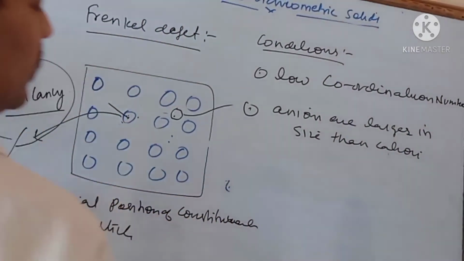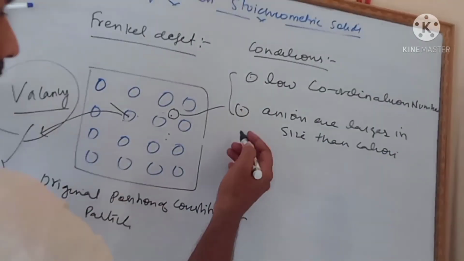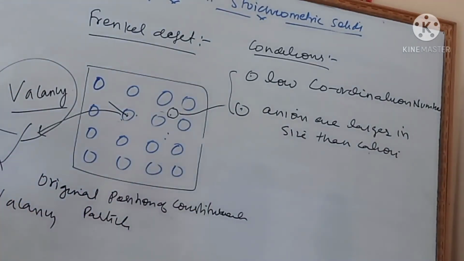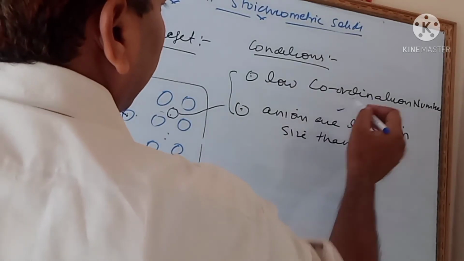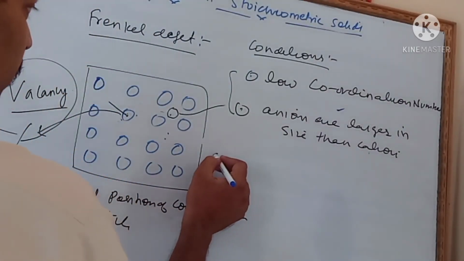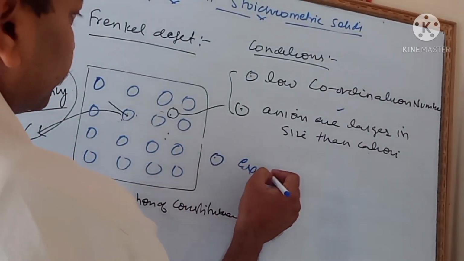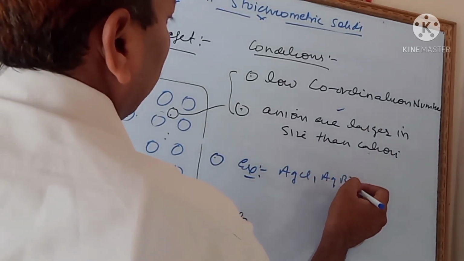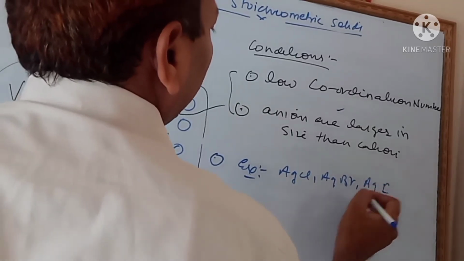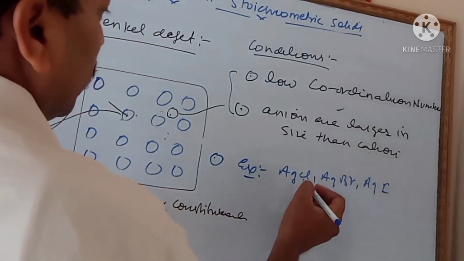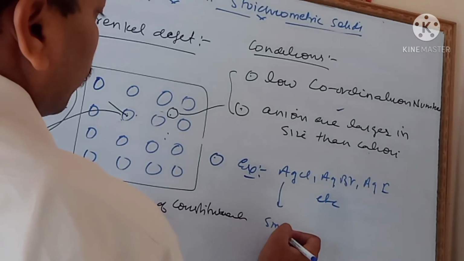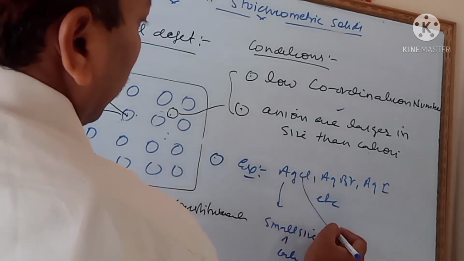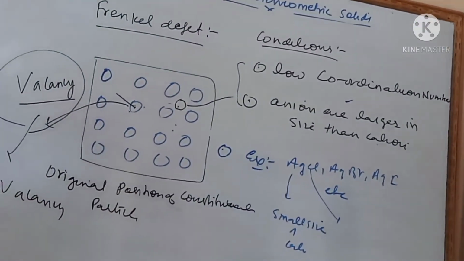All right. So these are the two main conditions. Now next, very important examples: silver halides, AgCl, AgBr, AgI, etc. Okay, why? Because Ag is a small-sized cation and chloride is a large-sized anion.